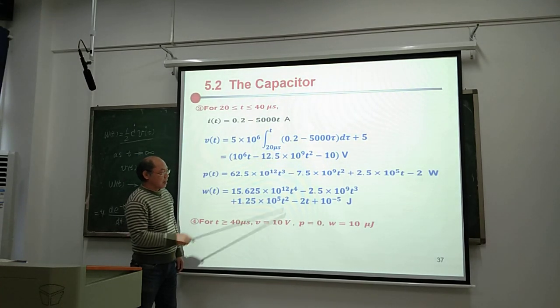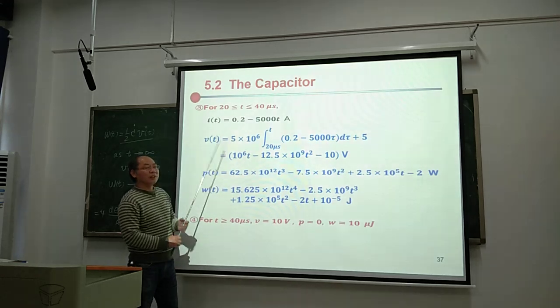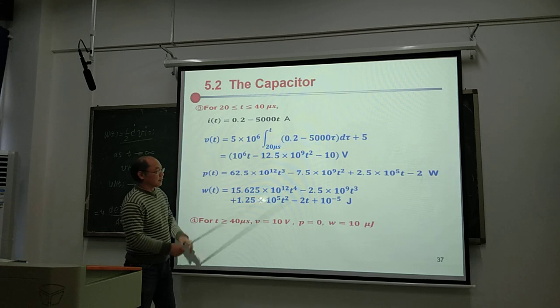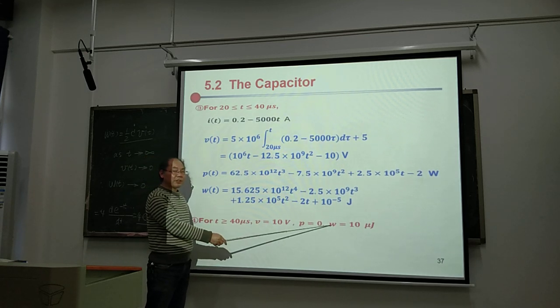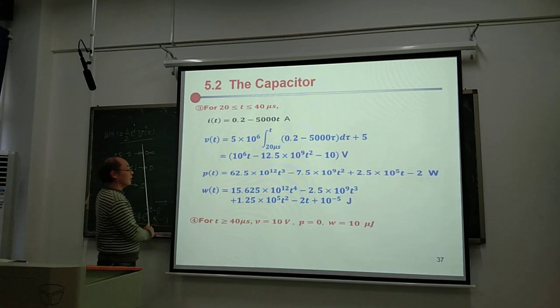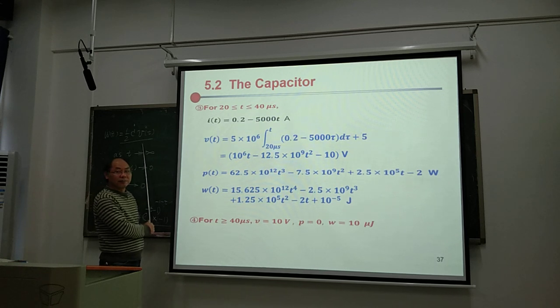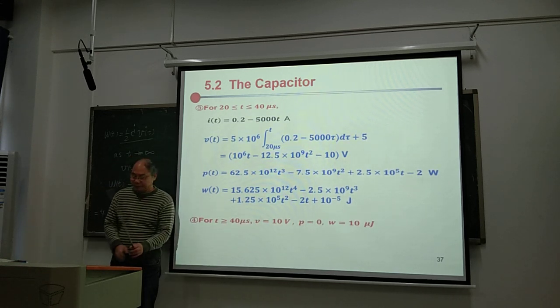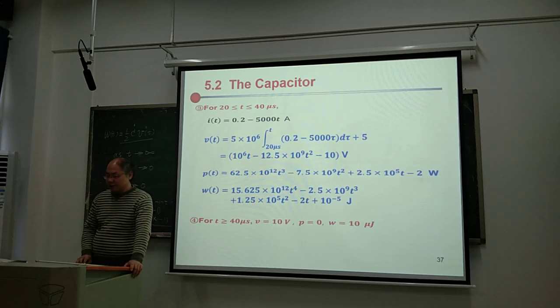Interesting. And this current is 0. So P is 0. And the energy, we use this way to calculate.